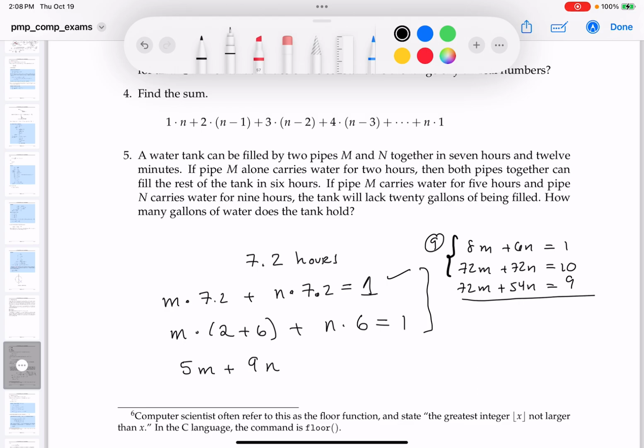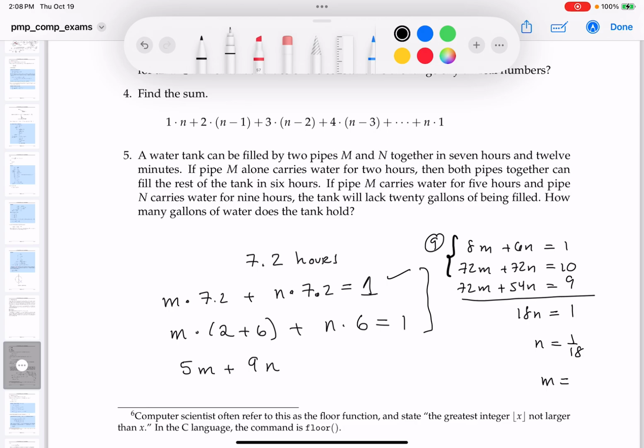Well, 72 minus 72 is nothing, and you're going to get 18n, and that's going to be 1, right? And I think I'm getting close to the rate of n, and n's going to be 1/18. All right? So n is 1/18.